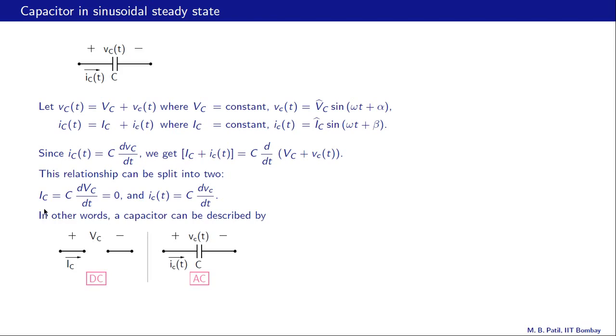That is the second equation, and this equation looks pretty much like a capacitor equation. And what does this correspond to? This is saying that the DC current is 0. So that means in the DC situation, the capacitor is an open circuit, not surprising. And in the AC situation or the sinusoidal situation, we have the same equation as we would have for the total instantaneous quantities. So the capacitor in this situation, in the AC situation, looks like a capacitor.